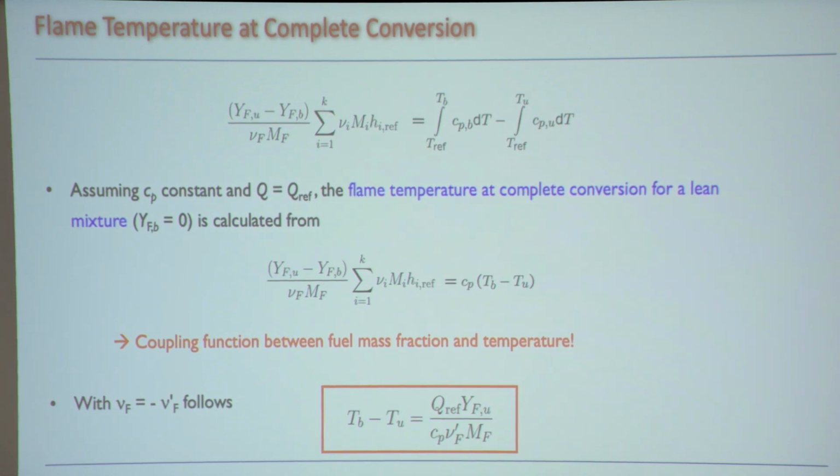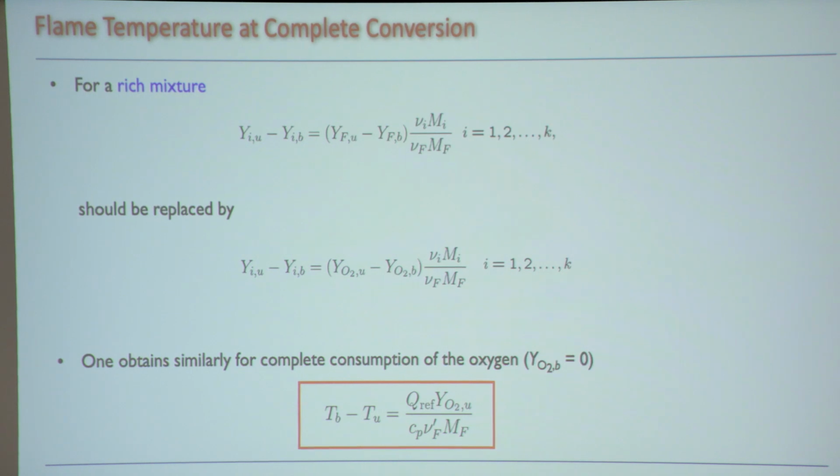The reference temperature goes away, and what's left over is just Cp times Tb minus Tu. This is the term for the left-hand side we evaluated earlier. And now I can solve this for Tb minus Tu, and I get this on the right-hand side. This was the reaction enthalpy, the unburned fuel mass fraction, and this comes from the global reaction. Okay, so we have an analytic expression for the temperature.